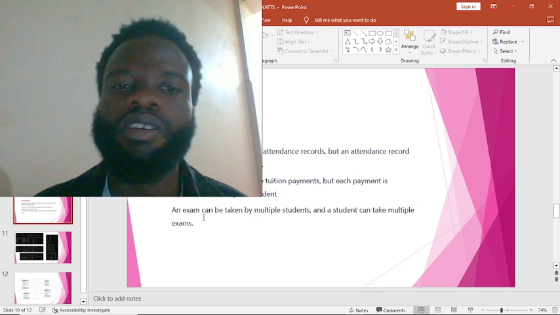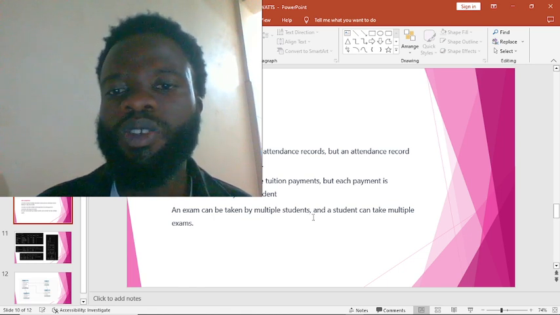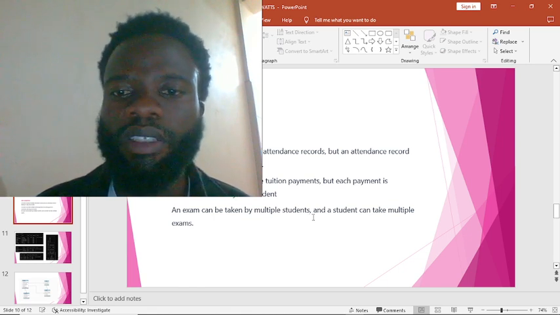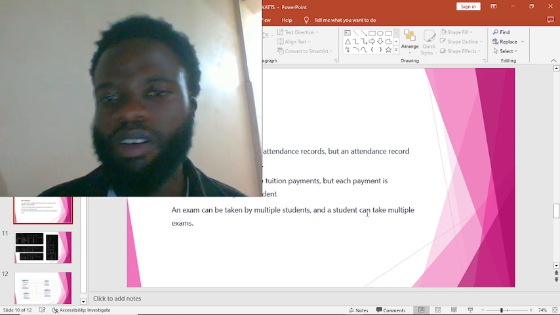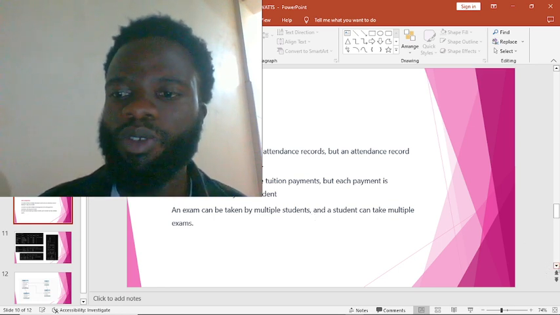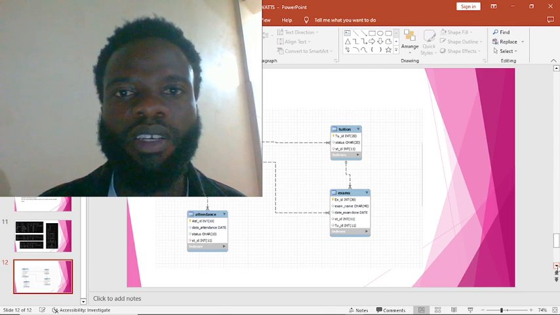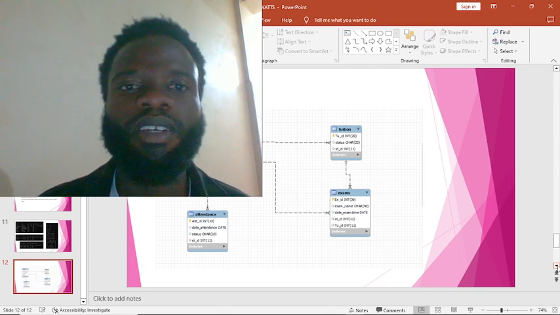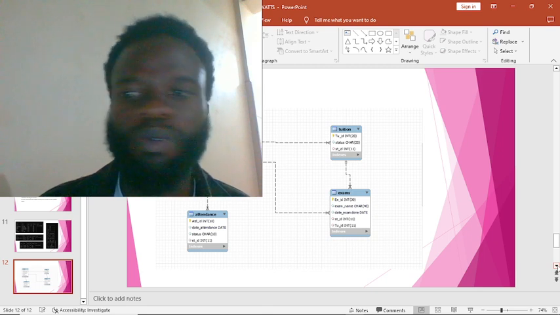An exam table can also hold multiple exam results, and they can be used by one student. And these are the tables I created, and the ERD diagrams as shown.